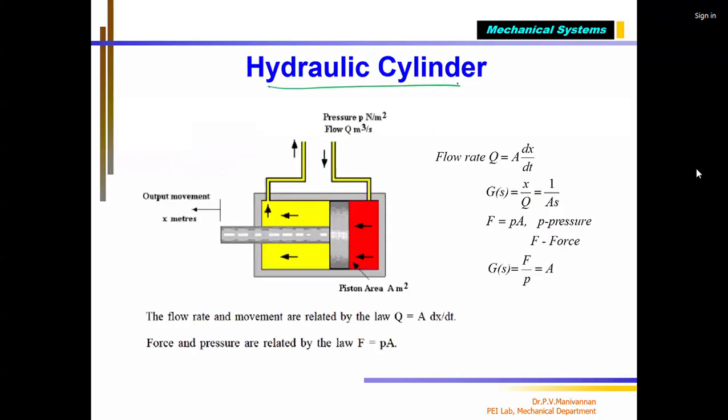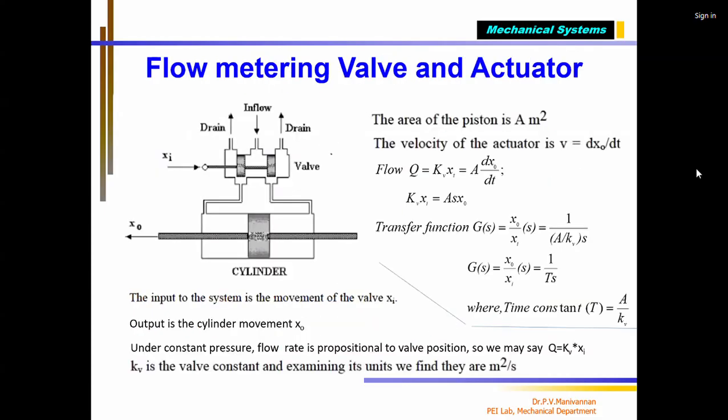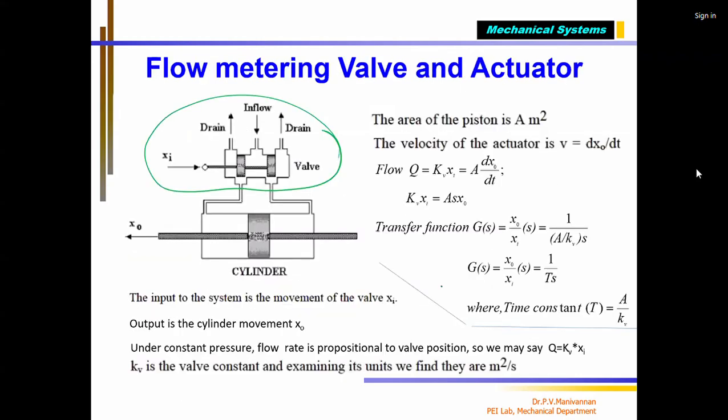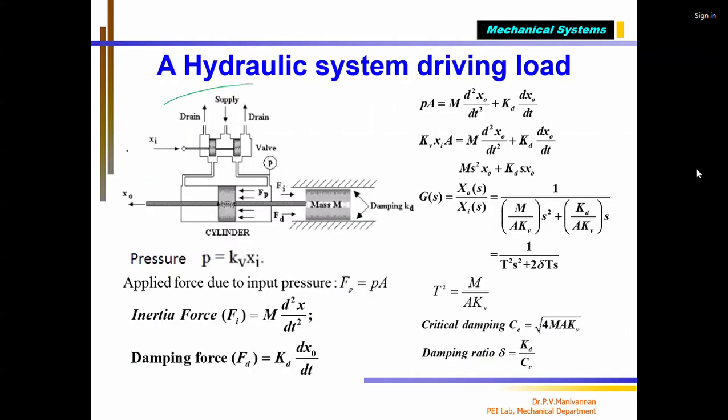Similarly, for the hydraulic cylinder with a general linear force, we saw how to develop the basic mathematical model. Then the same thing is controlled by a valve, and we saw how to develop the transfer function. This was shown here with the full basic equation.